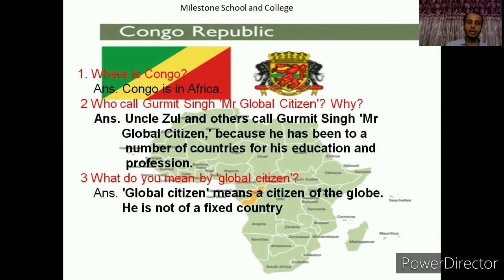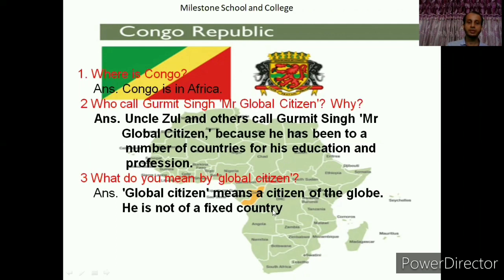So after analyzing all the facts, we can say that Mr. Gurmeet Singh is a global citizen because he had vast experience and enough knowledge of how to adjust to different cultures in the world. So what do you mean by global citizen? The answer here: global citizen means a citizen of the globe.